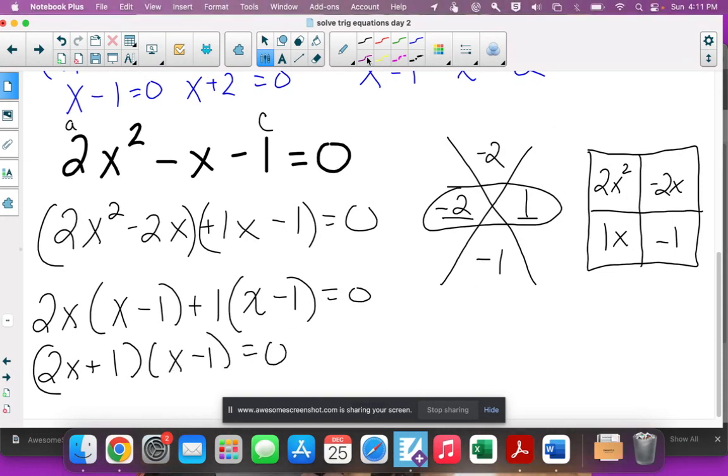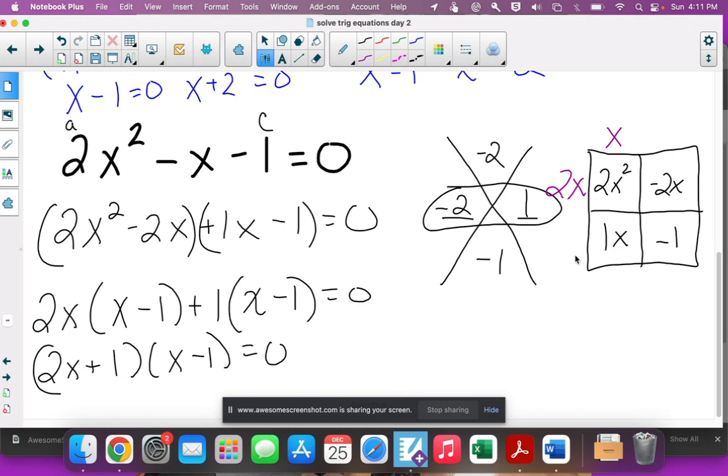Same thing if you do the box method. There's only one catch on this. To get 2x squared, we know we have to multiply 2x times x. The goal is, where do we put the 2x and where do we put the 1x, right? Because I have to get a 2x squared or a 2x in both of these two pieces, the 2x has to go here, right? And then just the plain x or 1x has to go here because if I put 2x at the top, I can't multiply 2x by anything to get 1x, right?